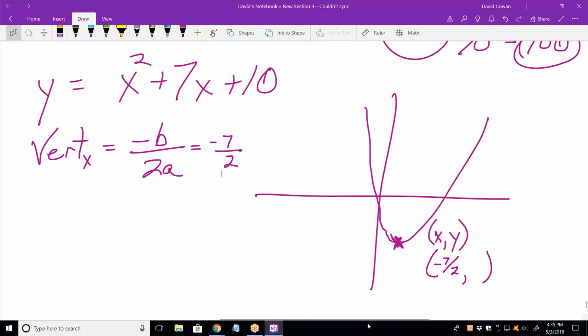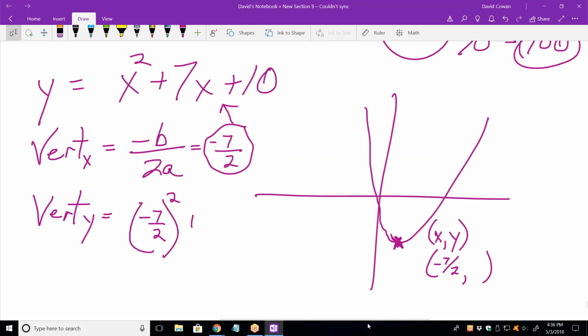Now, what's the y-coordinate of the vertex? Once I've figured out the x-coordinate, I can get the y-coordinate by plugging the x-coordinate into the function. So the y-coordinate is going to be (-7/2) squared, right? Yes. Plus 7 times -7/2 plus 10.